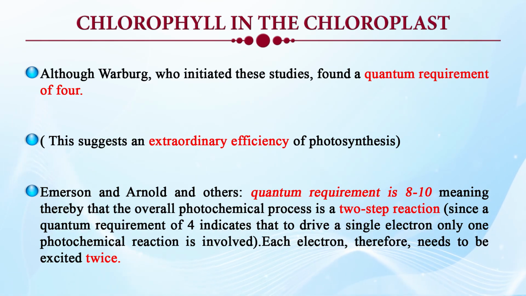So, that means this 4 plus 4 is required at 2 different phases. That means you drive a single electron by only one photochemical reaction, you require 4 photons. But if you have a requirement of 8 to 10, that means you are exciting the chlorophyll molecule twice, which was the simple logic.